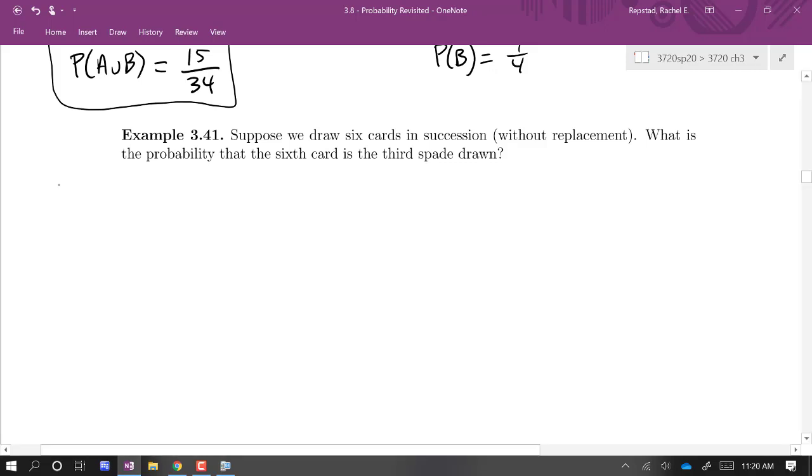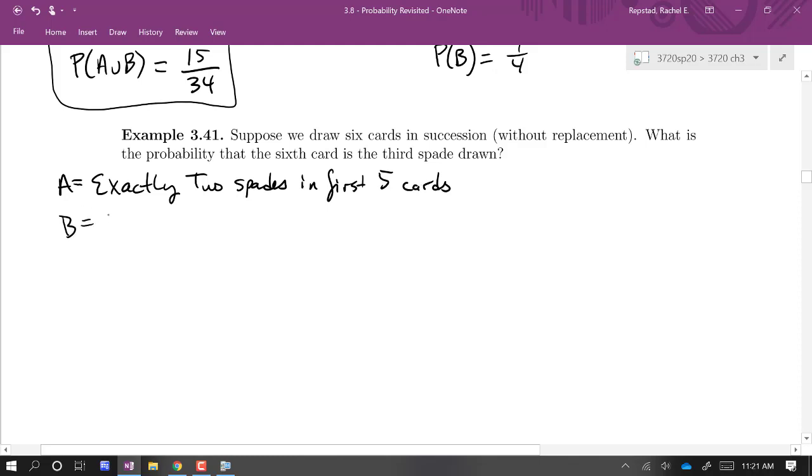So let's split this up into a couple of events. Let's define the event A to be the scenario where we get exactly 2 spades in the first 5 cards. And we'll let B be the event that the 6th card is a spade.